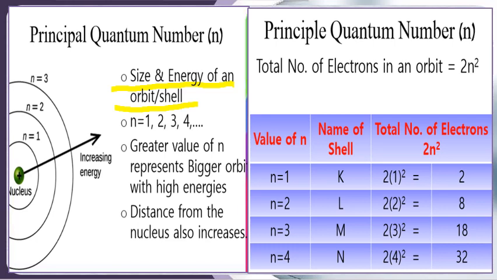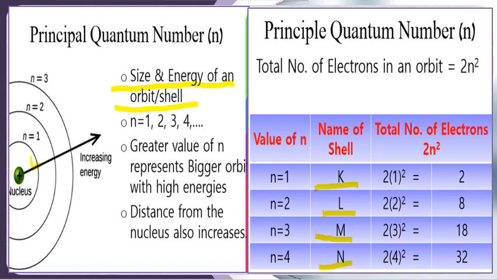You can see in this diagram, three values of n are represented here. n is equal to 1 represents the first shell, that is represented by K. n is equal to 2 represents the second shell, that is L. Then n is equal to 3 represents the shell that is called M. Further, it can be termed as N and so on.